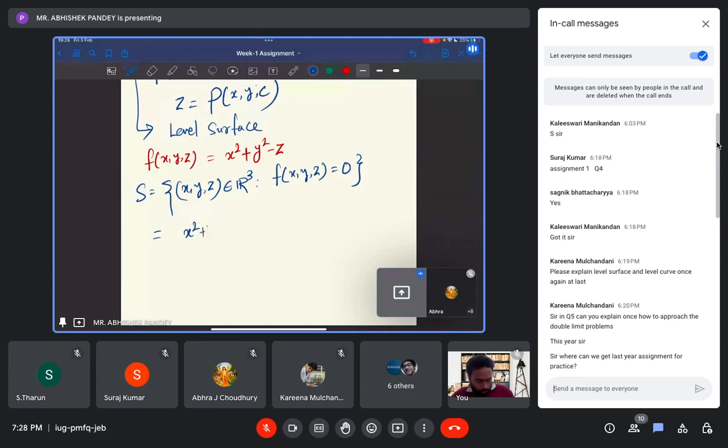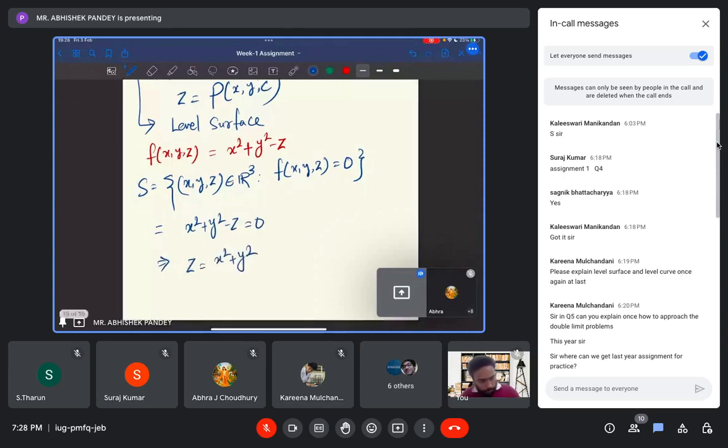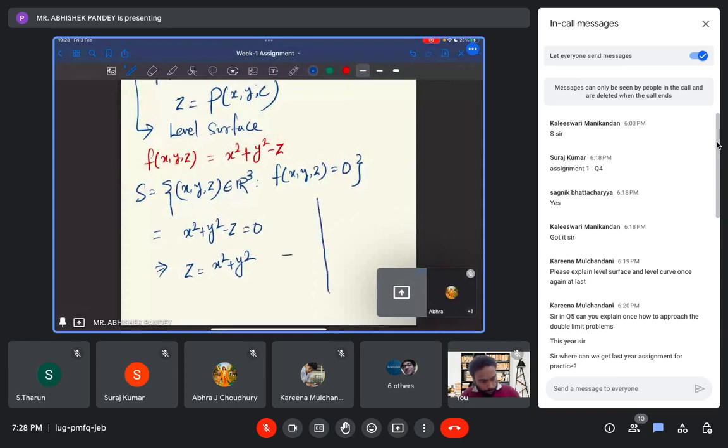So you get z equal to x square plus y square. So you'll get a paraboloid, an infinite paraboloid.